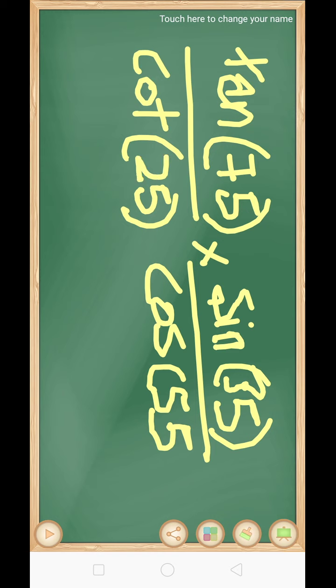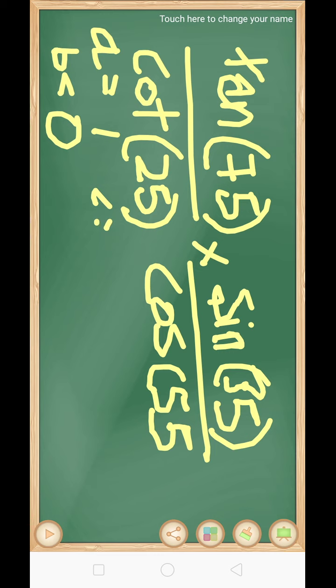Okay. Any guesses how we will solve this question? What are the values? A 1, B 0, C -1, D 4. Any guesses how we will solve the problem?